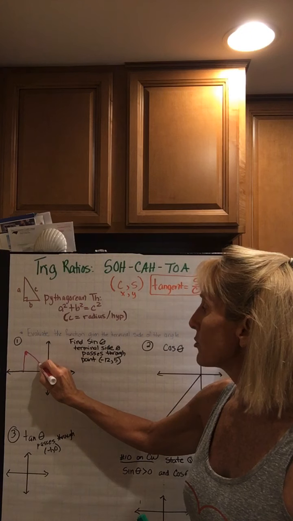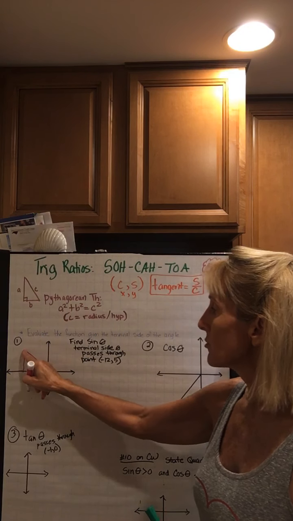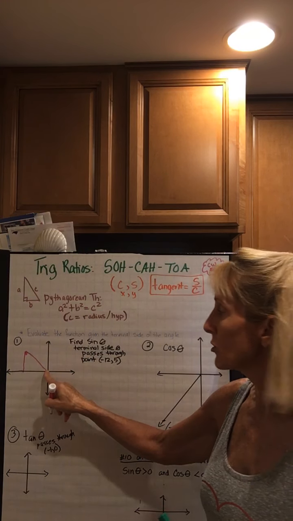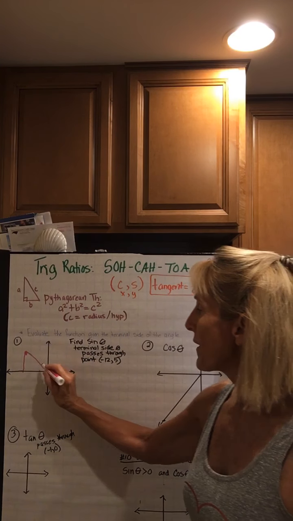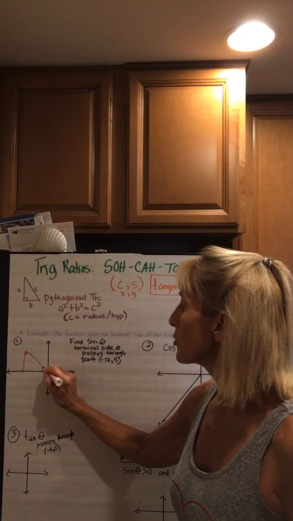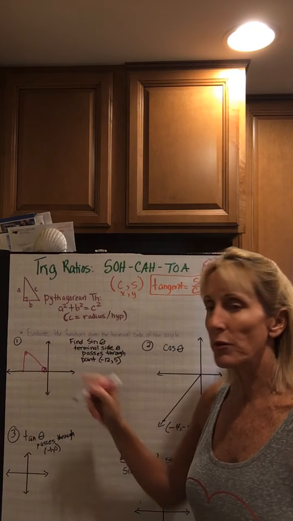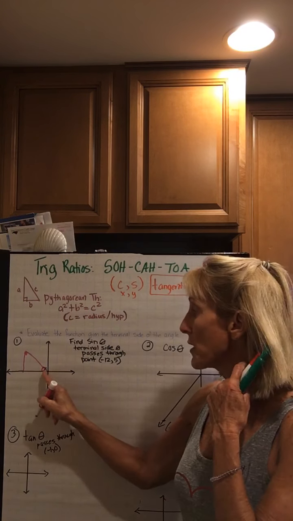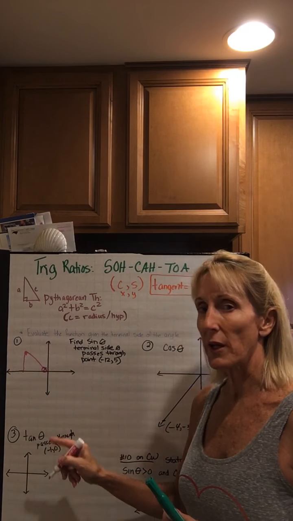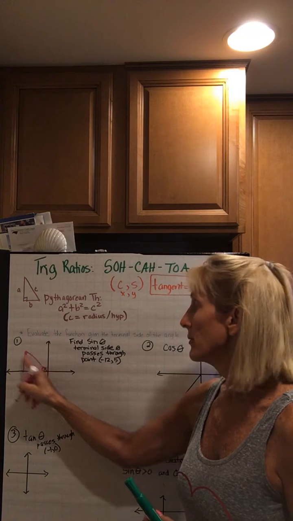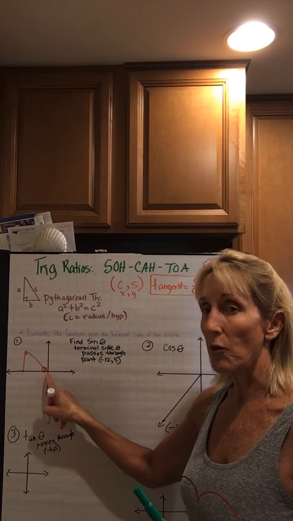Remember, your radius is always your hypotenuse. Your theta is always from your origin, so you always put your theta symbol there. Make sure you make the diagonal this way.